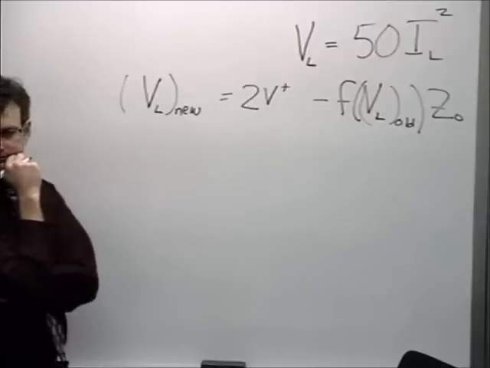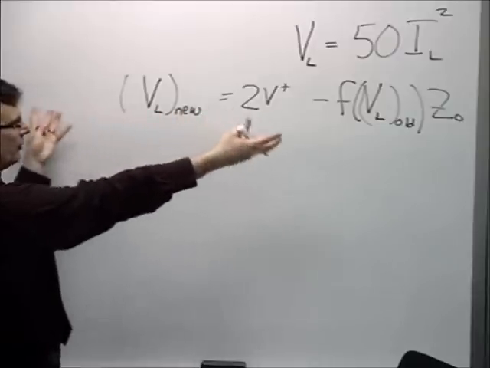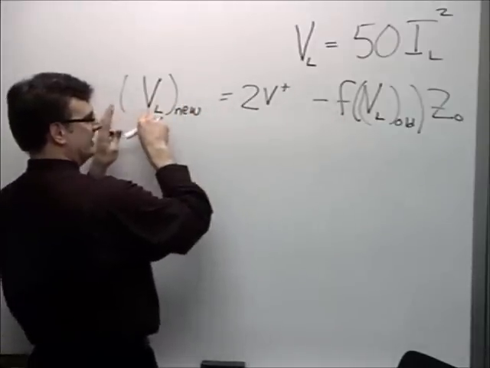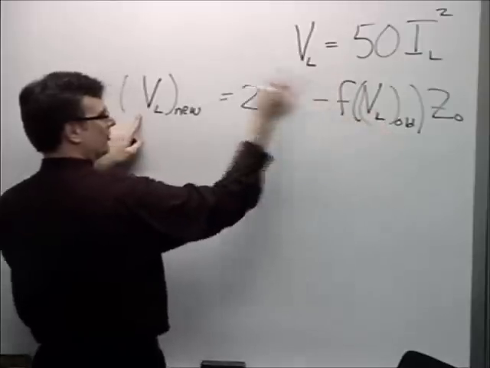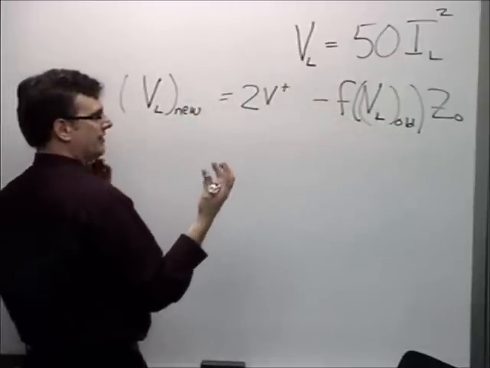The whole purpose of iteration is you make your nonlinear equation out, and you basically iterate it: stick the old in, calculate a new, stick it back in as the old, calculate a new, stick it back in. And you keep doing that until they're the same value.